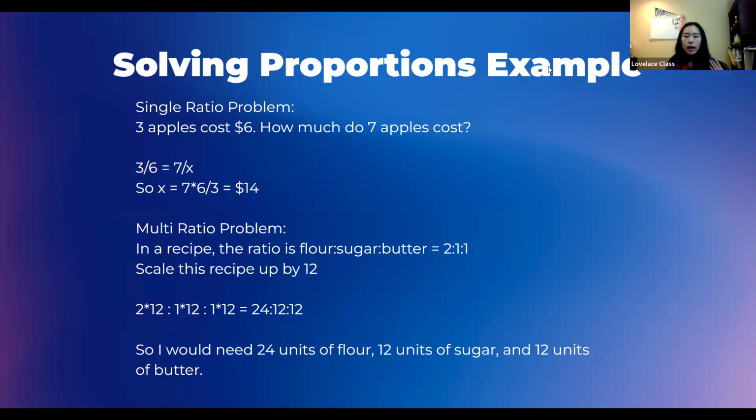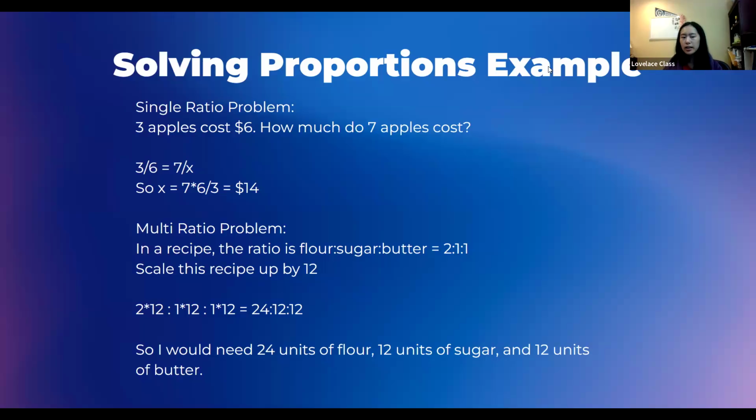Well, the first ratio is 3 apples to $6. If we look at the units, apples to dollars, apples is in the numerator, dollars is in the denominator. So we can do the same thing for the right side. We have 7 apples, so this can be the numerator over x dollars, because we want the units to match up, or else they can't be equal.